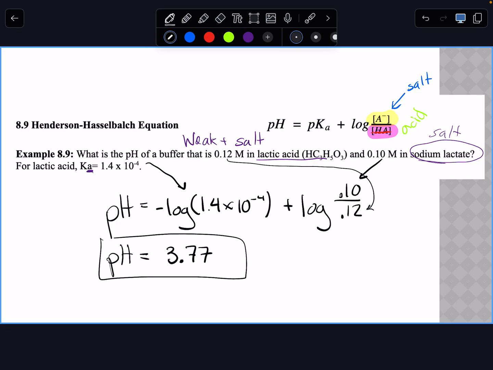3.77 is what I got. I got that too. And if you don't get that and you don't know what you typed in, let me help you or someone else. I got 2.77.